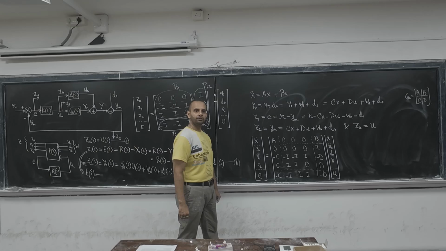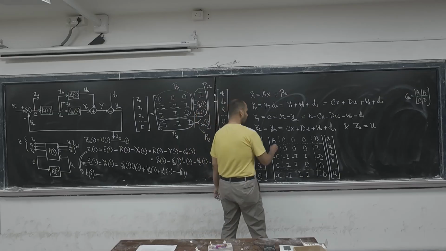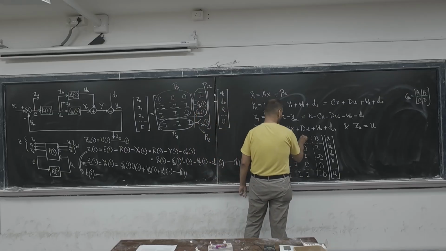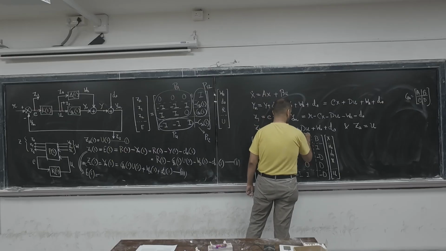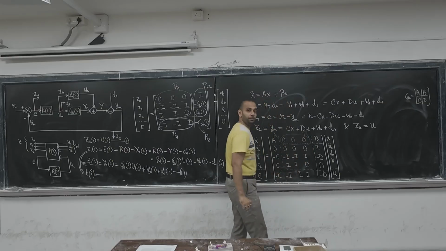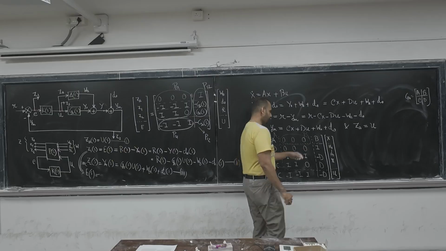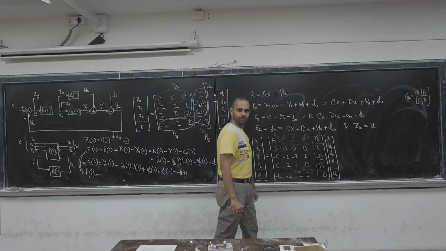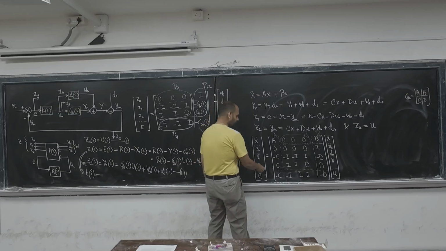Now you have to identify A, B1, B2, C1, C2 and D11, 12, 21, 22. So A remains the same A, no doubt for us. These 3 zeros, what are they? That is nothing but B1, right? And B2 means the original B, right? Now what is your C1?